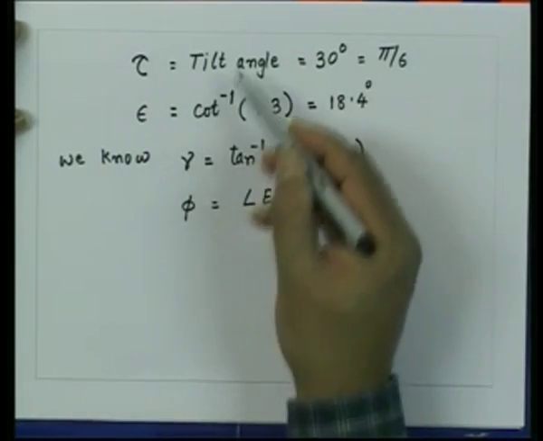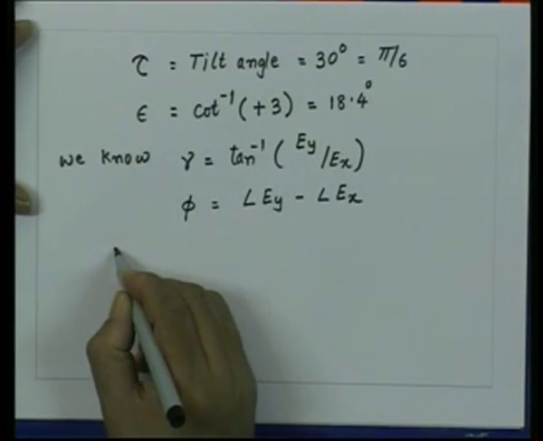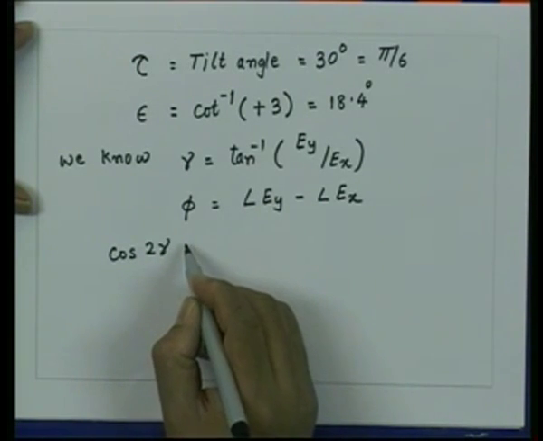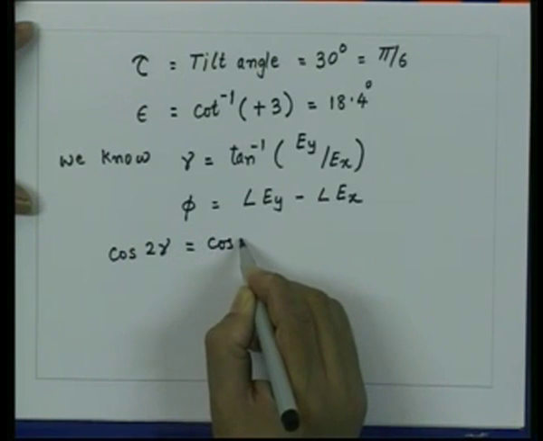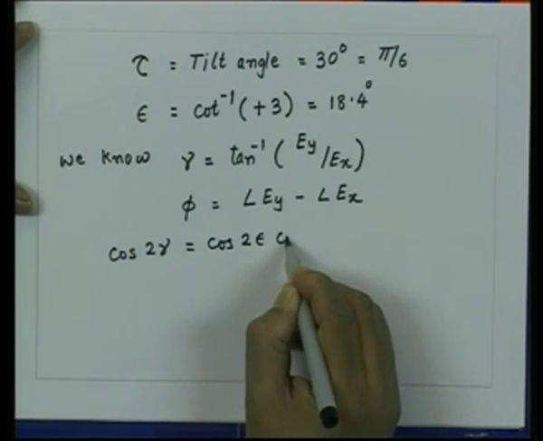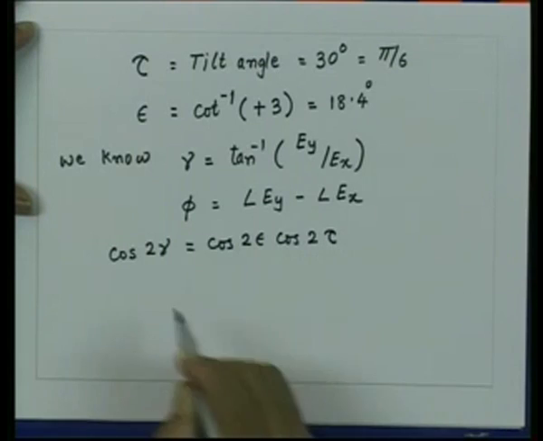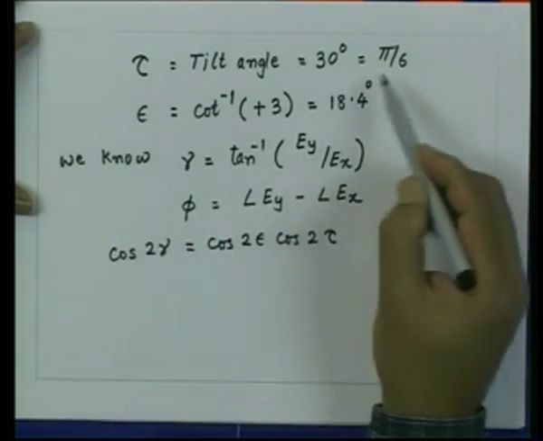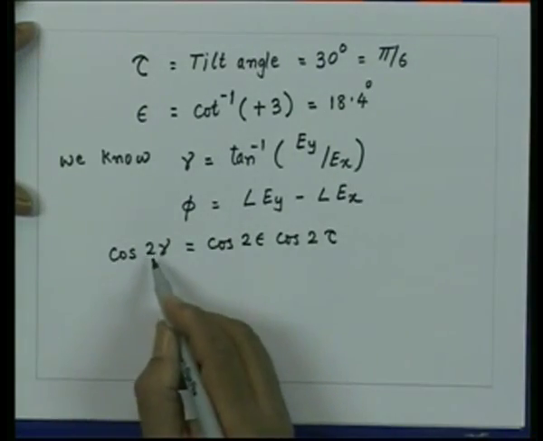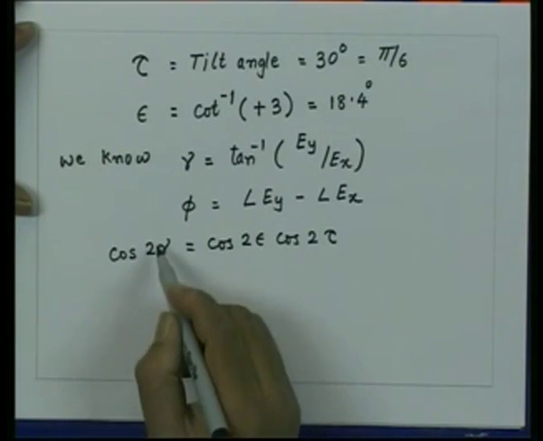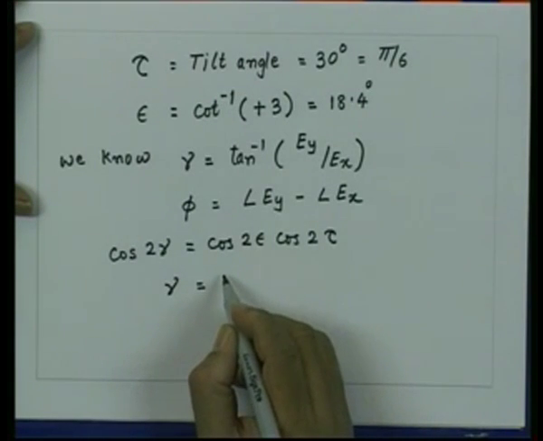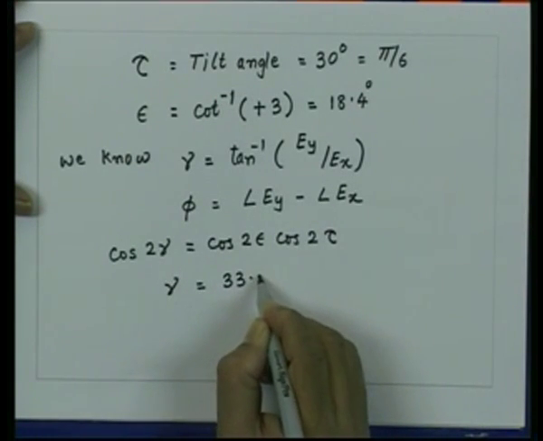And knowing the transformation relation between these parameters, we get cos of 2 gamma which is equal to cos of 2 epsilon cos of 2 tau. Substituting for epsilon equal to 18.4 degrees and tau 30 degrees, we get cos of 2 gamma, and from there we can solve for gamma to get gamma is equal to 33.2 degrees.